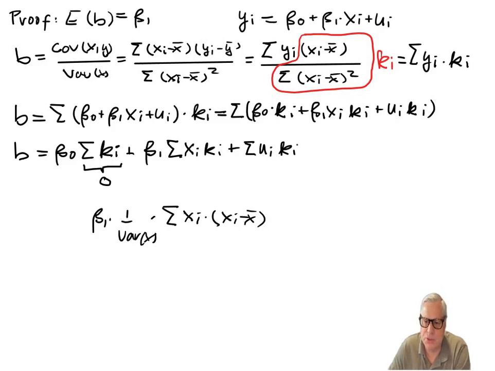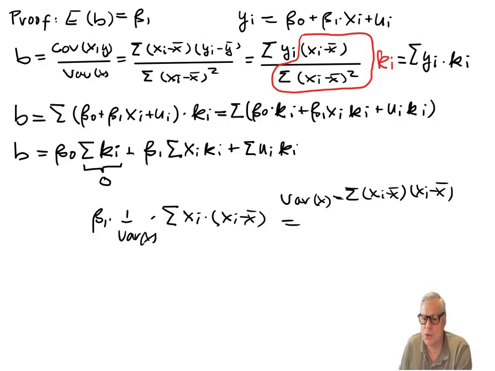Why? Let's remember that the variance of x can be written as the sum of xi minus x bar squared. But I don't write it as squared, I multiply through.